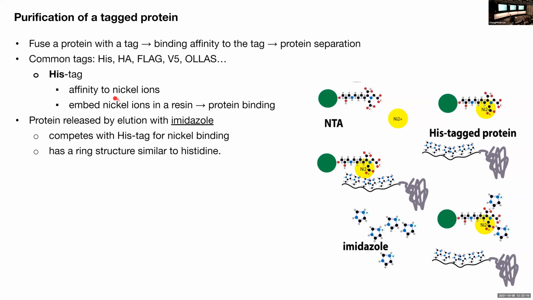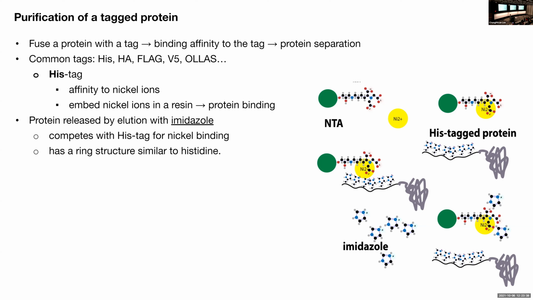So for example, the His tag uses 6 repeats of histidine, and it has an affinity to nickel ions. So basically you just coat the resin of your chromatographic column with nickel ions, and then you just let the random proteins run through. You're going to end up collecting only the proteins that are tagged with the His tag, right?